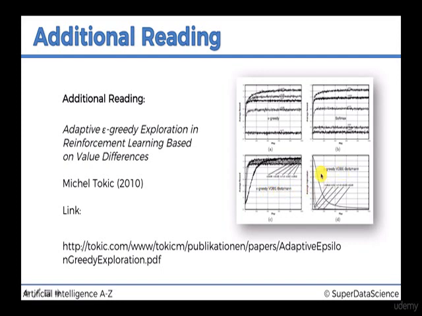You can see it over here. He compares it to epsilon greedy and softmax, and the main idea behind it is to adjust the value of epsilon depending on the state the agent is in. If the agent is very certain about the state they're in, then epsilon should be smaller, so there should be less exploration. If the agent is uncertain, epsilon should be higher, so there should be more exploration.